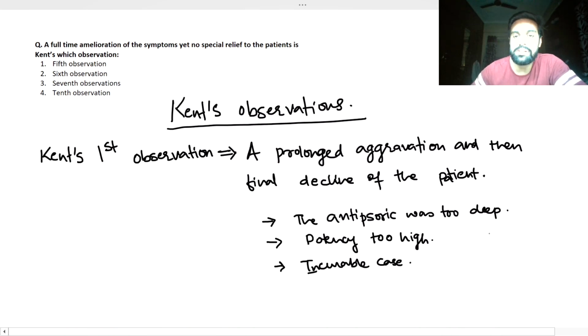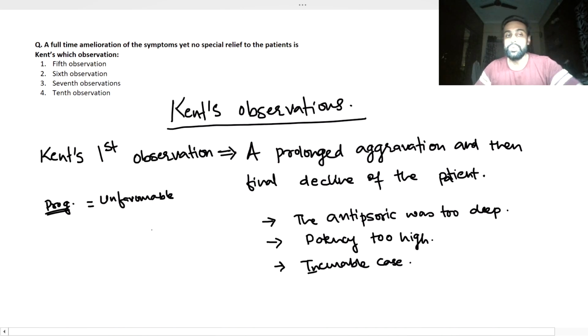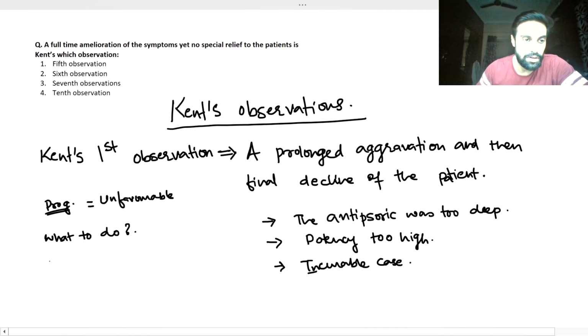So the prognosis is unfavorable. Prognosis is not good. Now what you need to do in this condition? You need to antidote the medicine. So this was Kent's first observation.